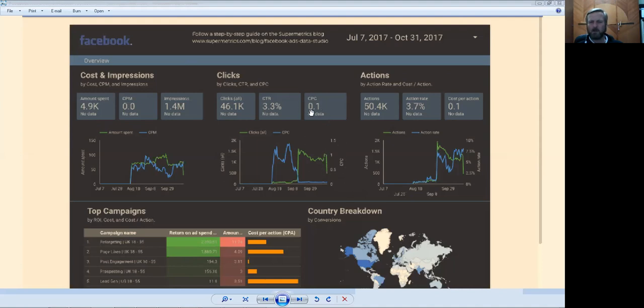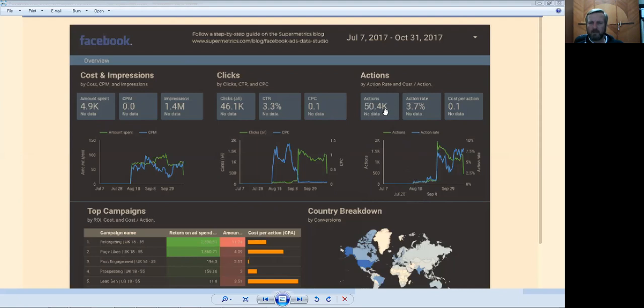But yeah, we want to know what that relates to. Then actions, action rate and cost per action. Now, like I said, this is just information that I randomly found, and I did not really analyze this, but now as we're going into depth into it, I'm trying to analyze it on the run.